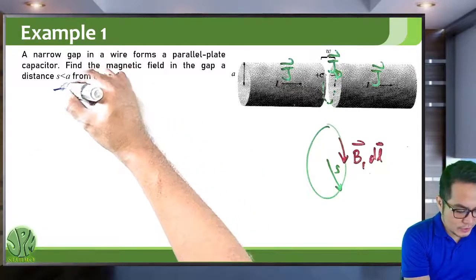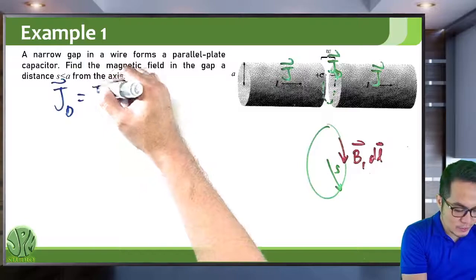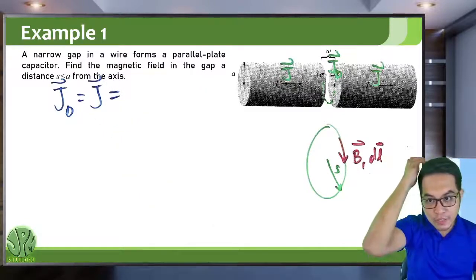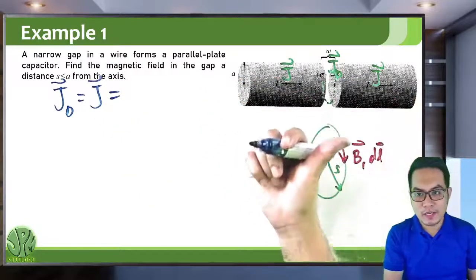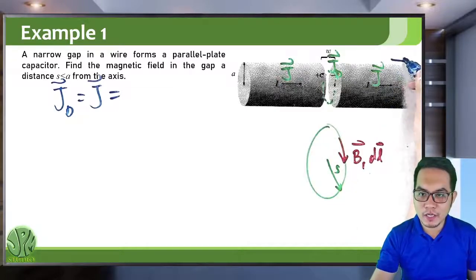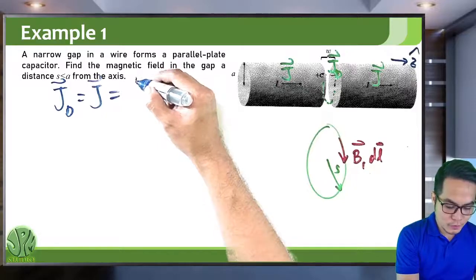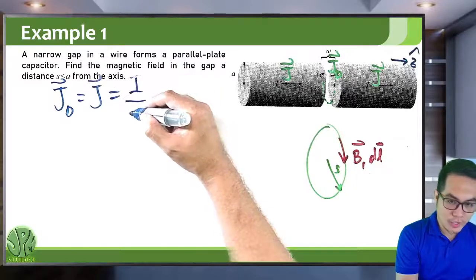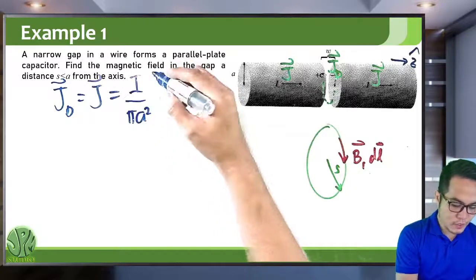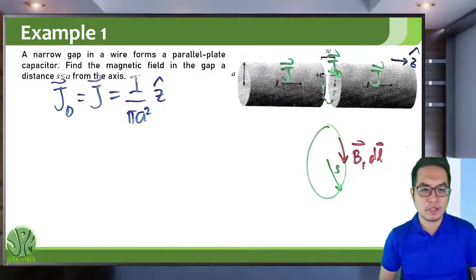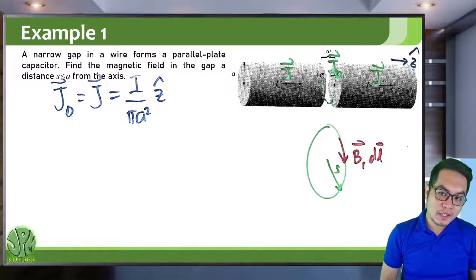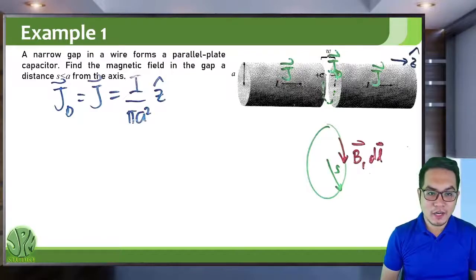Meaning the displacement current density is just equal to J, and assuming the current is in the z hat direction, you will just have the total current I over the total area, which is pi a squared, z hat. So in this case, our current density and displacement current density are all constant.